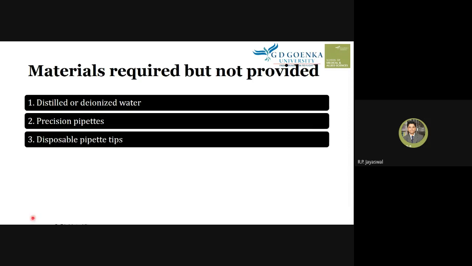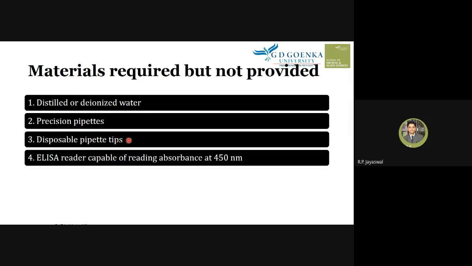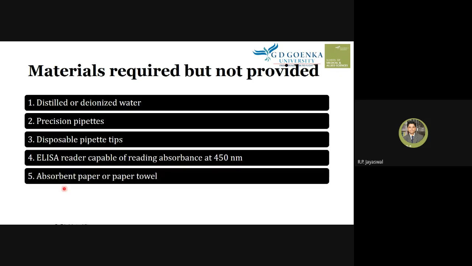Disposable pipette tips can also be required. An ELISA reader, where we can read the intensity of different wells at 450 nanometers. Absorbent paper or paper towel can be used to blot the wells.